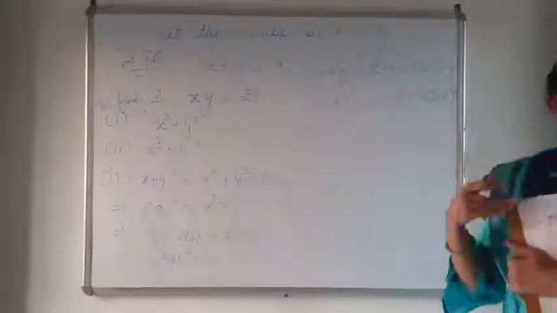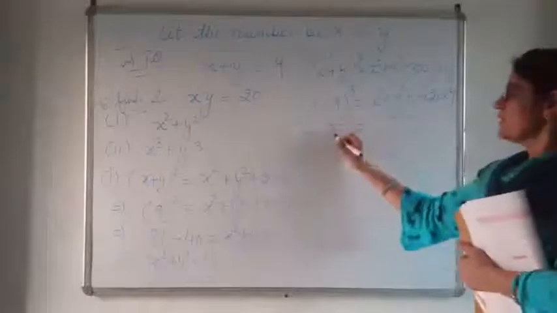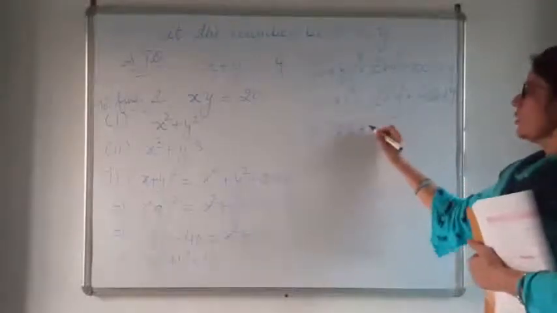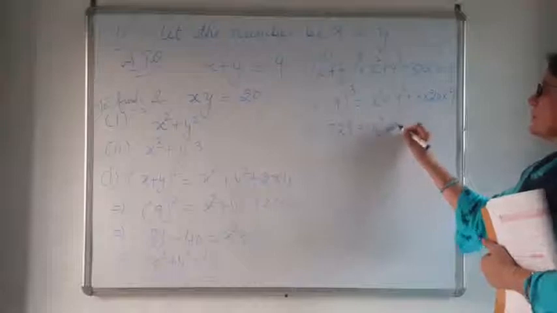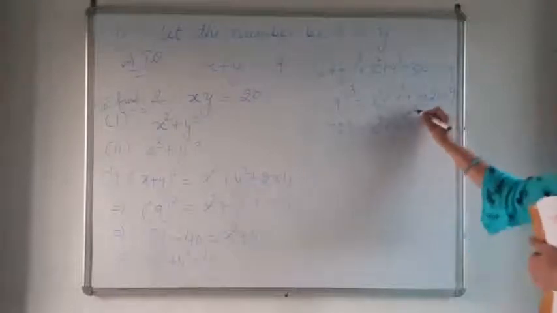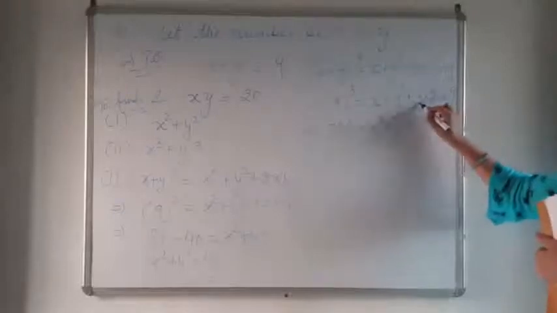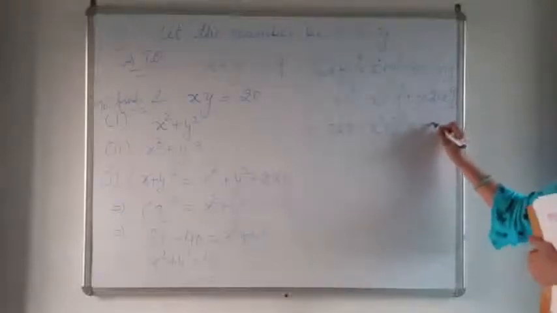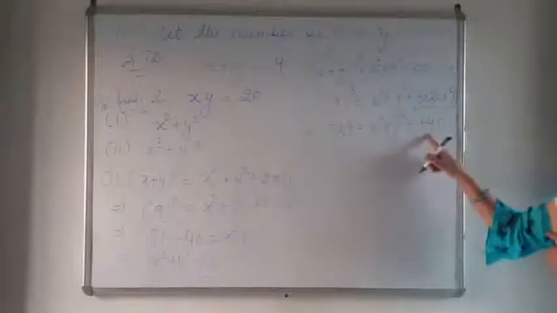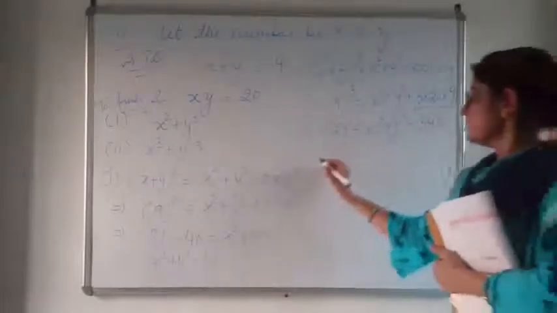So cube of 9. We multiply 9 how many times? 3 times. We get 729 equals x cube plus y cube plus, we multiply all three terms. 9 twos are 18, 18 threes are 54, so we get 540. This is in plus, this will come here in minus.